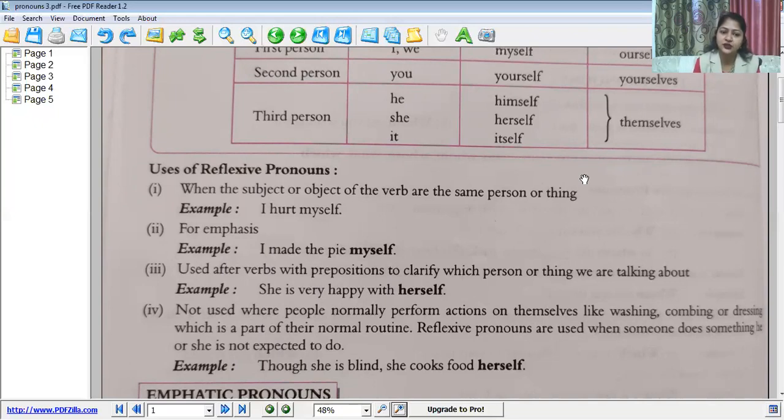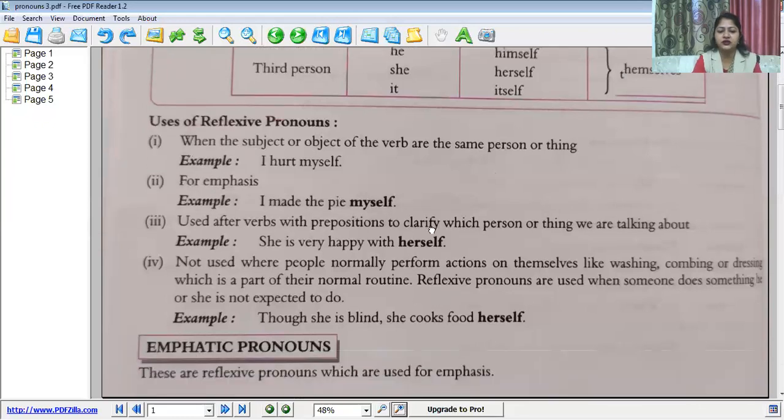So that is why when we do a thing which a person is not expected to do, we use reflexive pronouns. Okay, and we'll move on to the emphatic pronouns, which are similar to the reflexive pronouns, but there is a difference. Okay, let's talk about that difference.